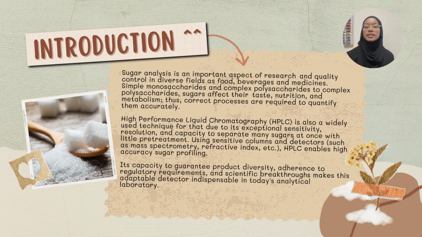By using advanced detectors like mass spectrometry or refractive index, HPLC delivers precise sugar profiling. Its versatility makes it indispensable in modern laboratories, ensuring product integrity, regulatory compliance, and supporting scientific innovation.